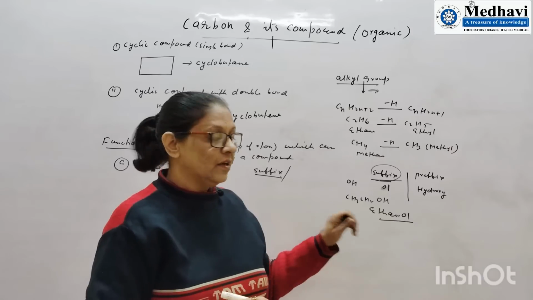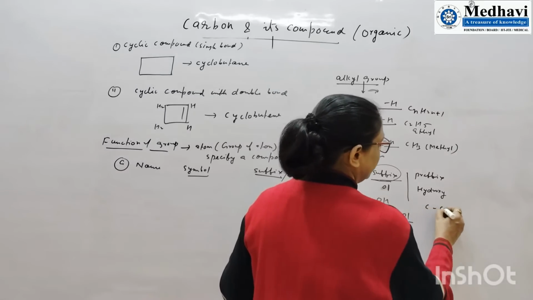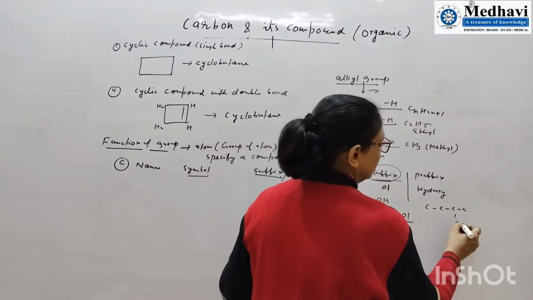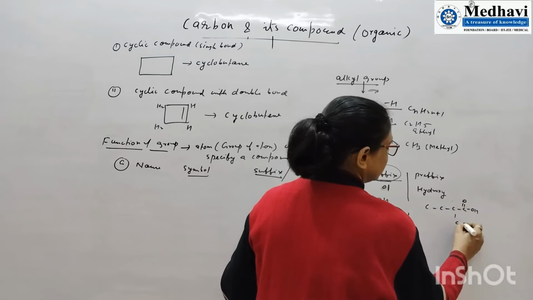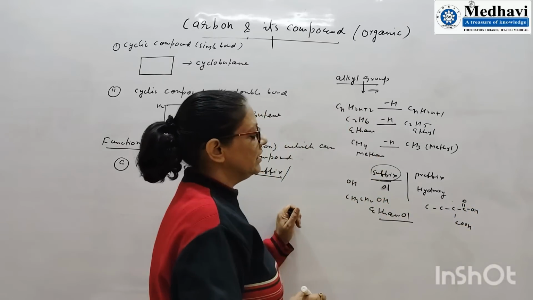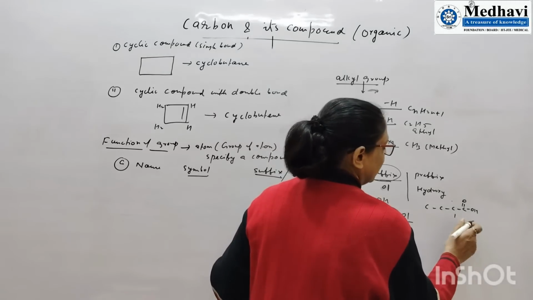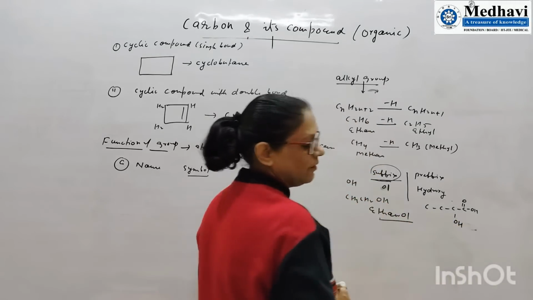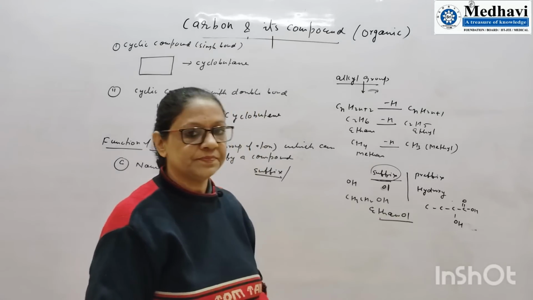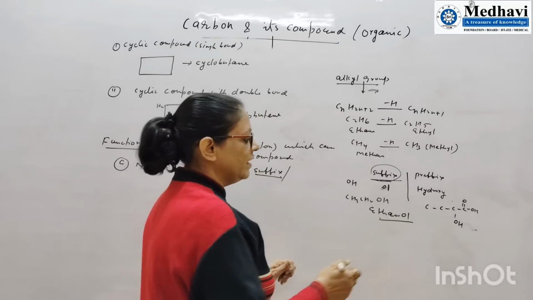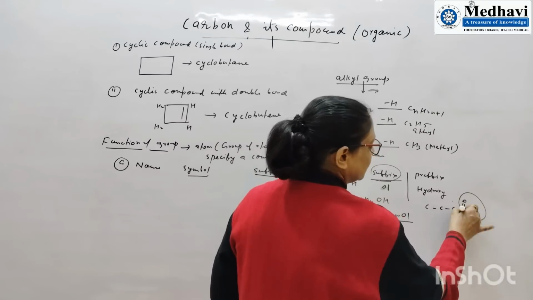But if you have to write the name of this compound, I just want to explain for those students who are in standard 11 and their base is not good and they are confused about suffix and prefix. For them I am explaining. Suppose this is the compound and here this is the powerful functional group.